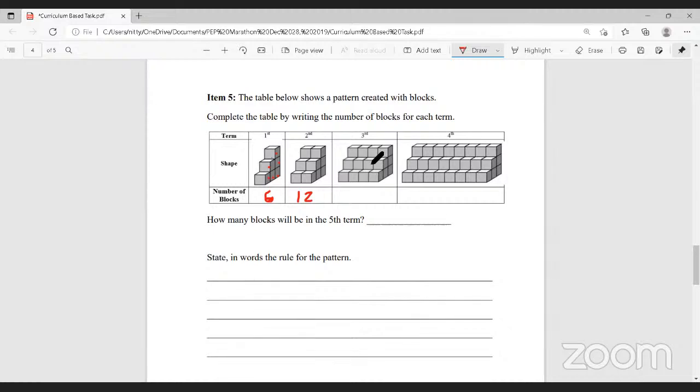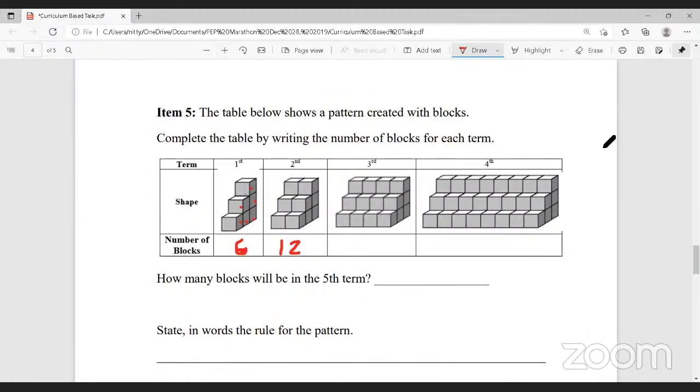How did you get that? I hope this is a little better. All right, so basically, we multiplied the first term by 2 and we got the second term because we can see that we're doubling the previous term each time.